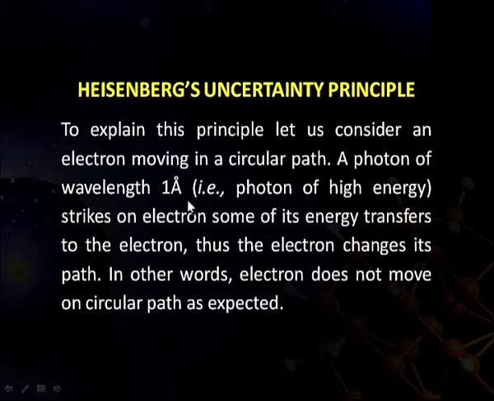A photon of wavelength 1 angstrom, that is photon of high energy, strikes on electron, some of its energy transfers to the electron, thus the electron changes its path. In other words, electron does not move on circular path as expected.